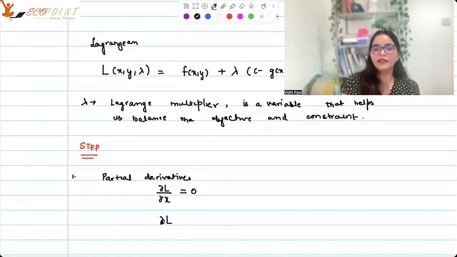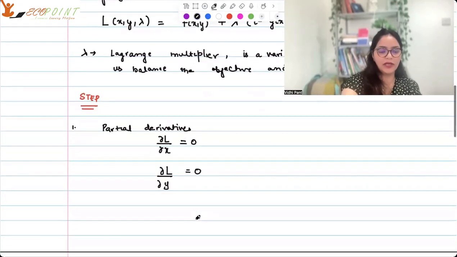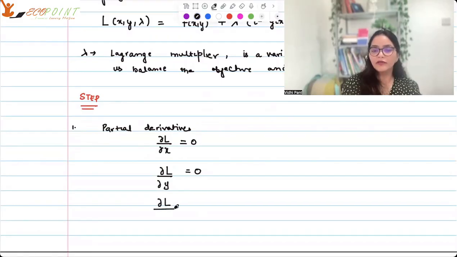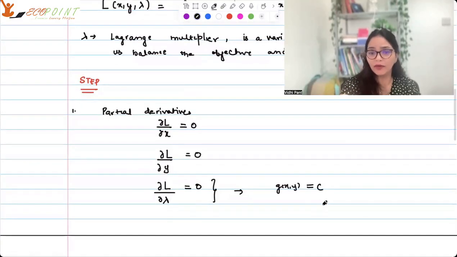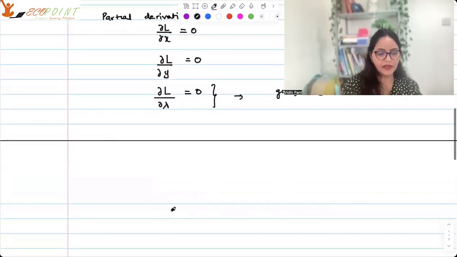You find del L by del y and put it equal to 0. And you partially differentiate del L by del lambda and put it equal to 0. What do you think this will give you? If you differentiate with respect to lambda, this will actually give you g(x,y) = c. And that has to happen, right? That needs to get satisfied.